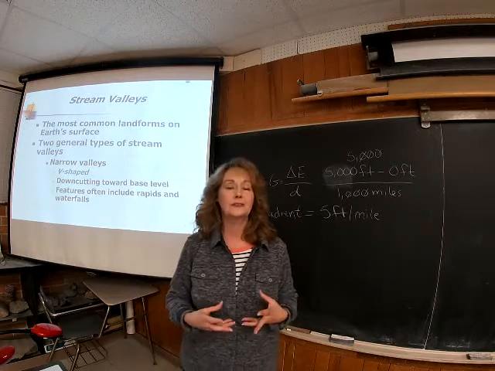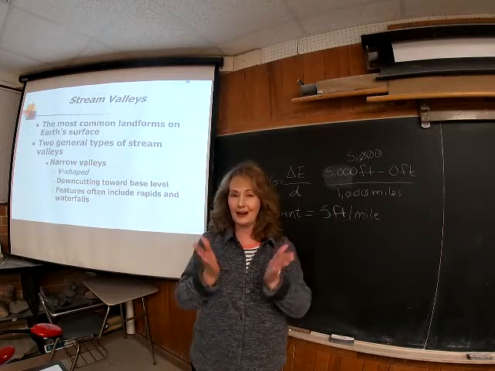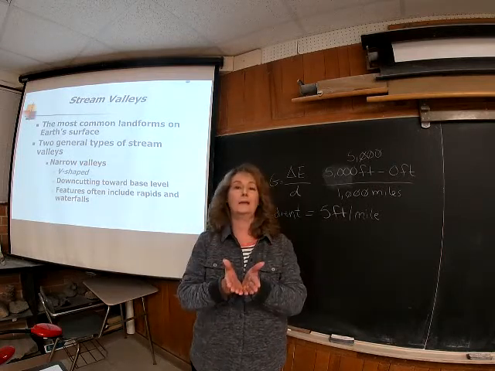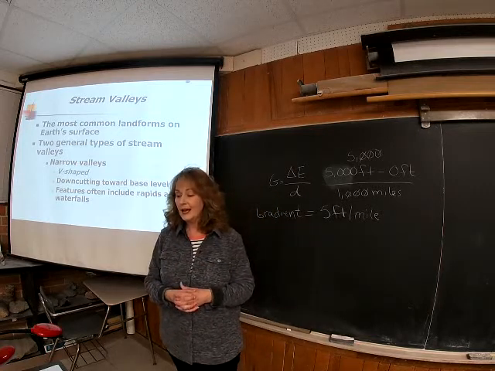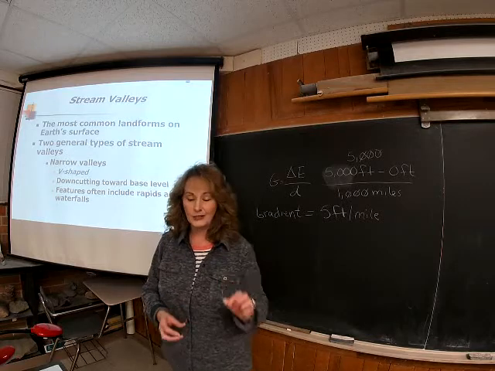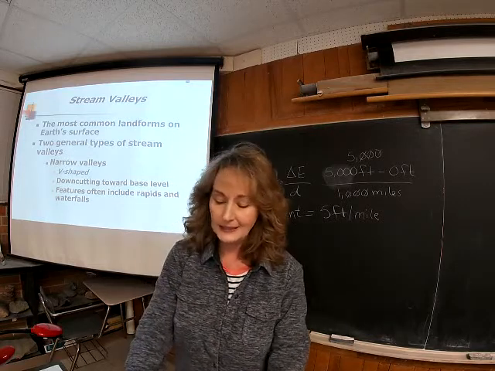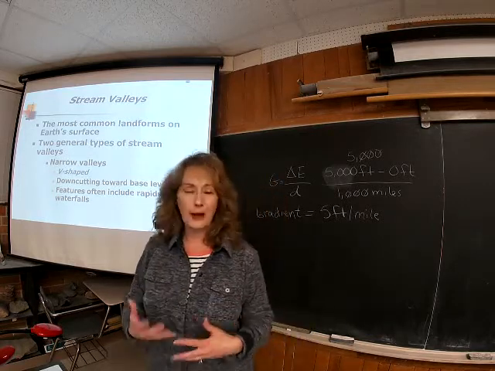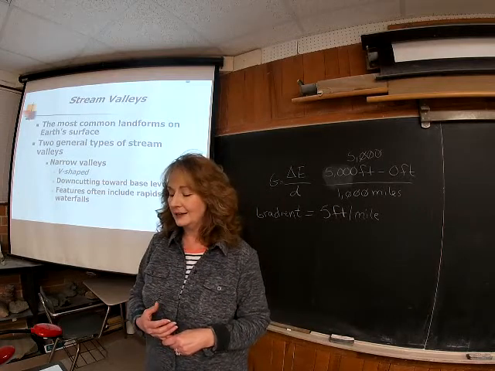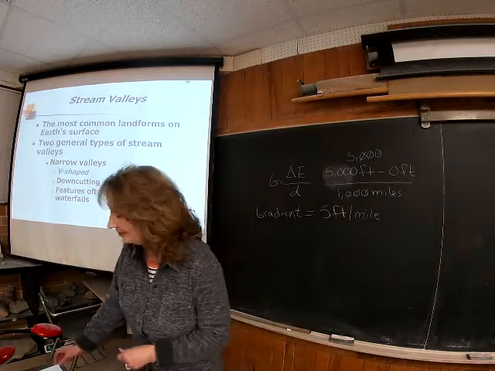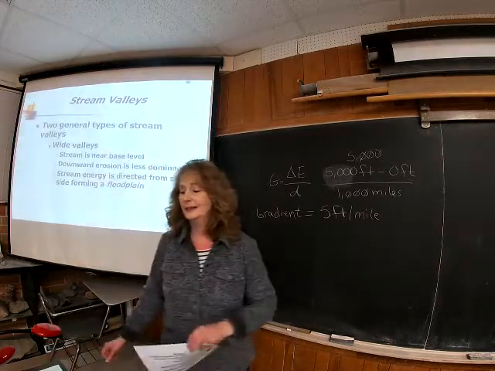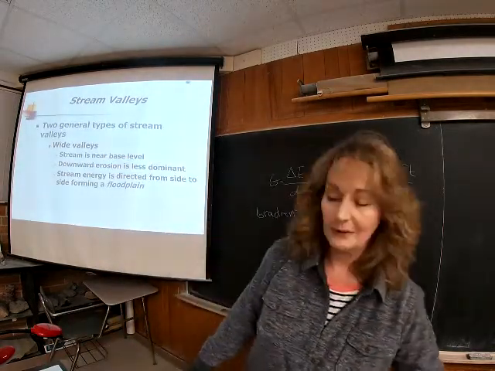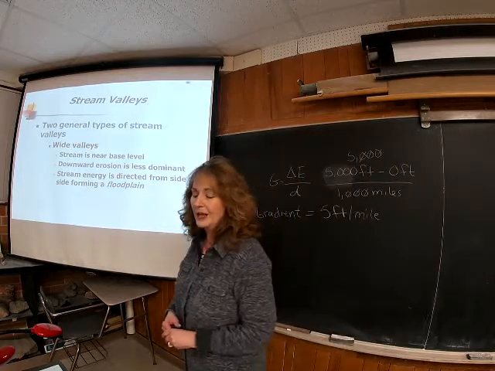Erosion is very, very dominant in a narrow, V-shaped stream valley, so something like rapids would be seen in a V-shaped valley.